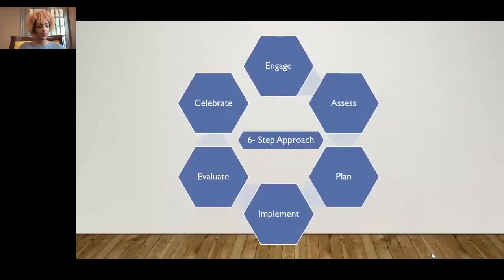The 6-step approach includes, first, we start here with engage. And in that, this is a community-based participatory research method. It engages the community. Engaging our community will make this approach sustainable.